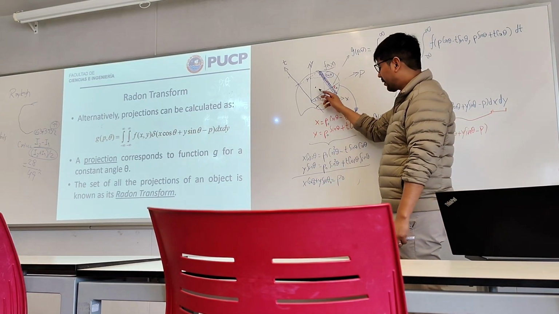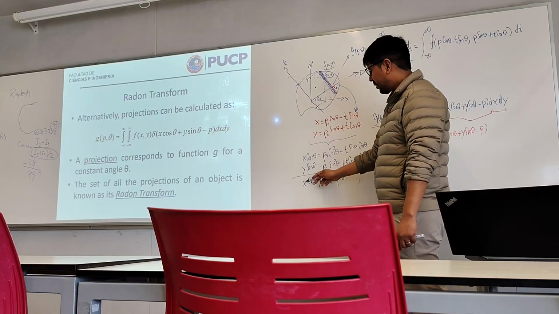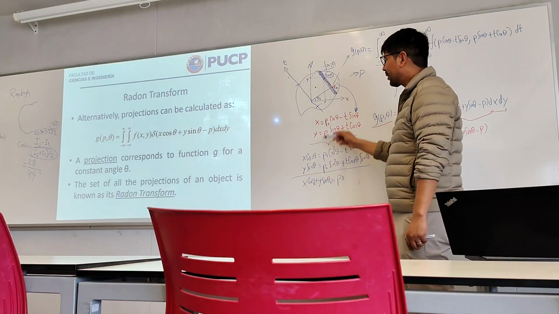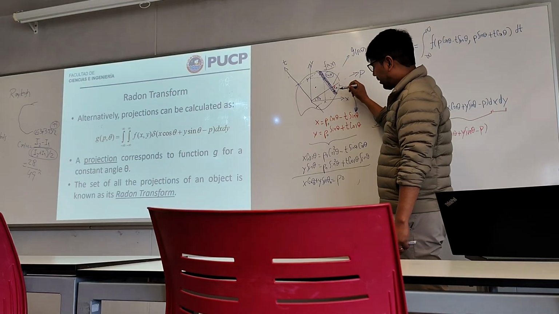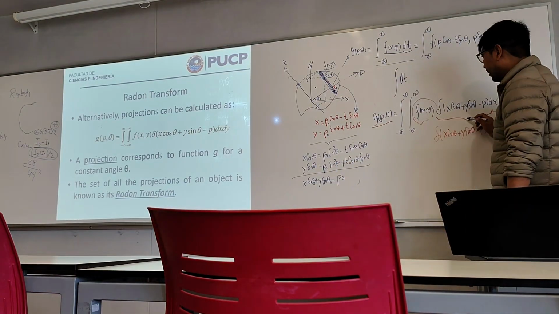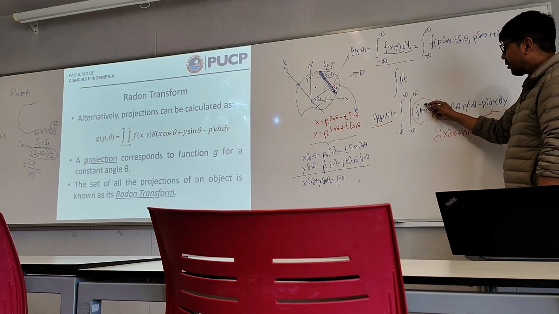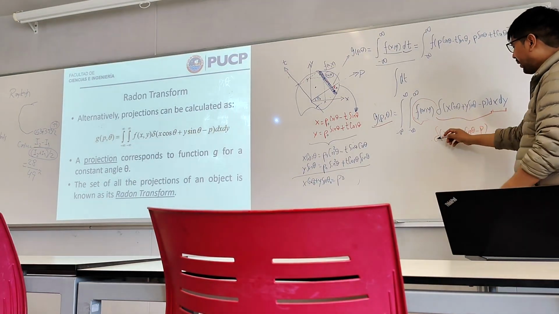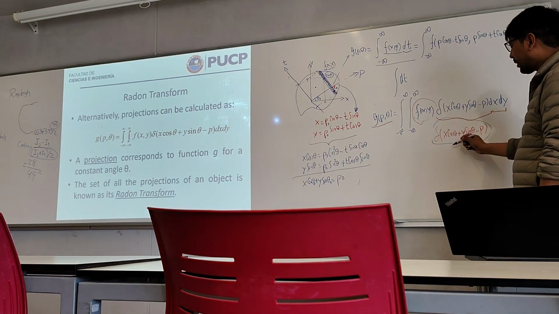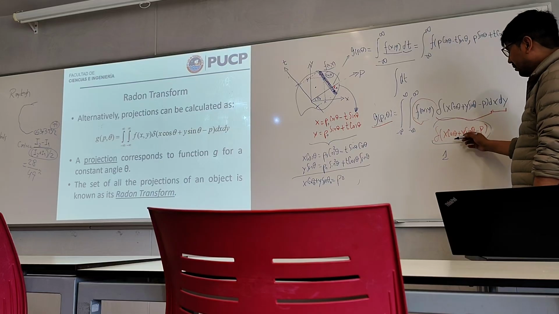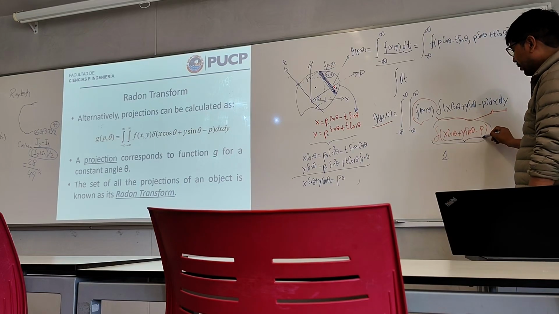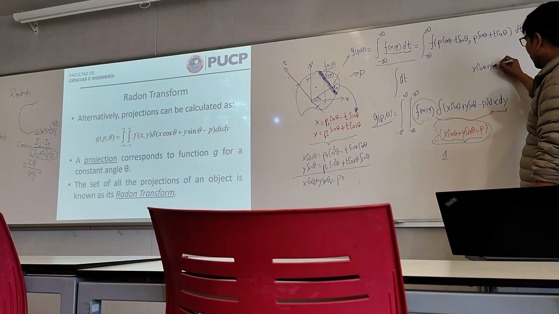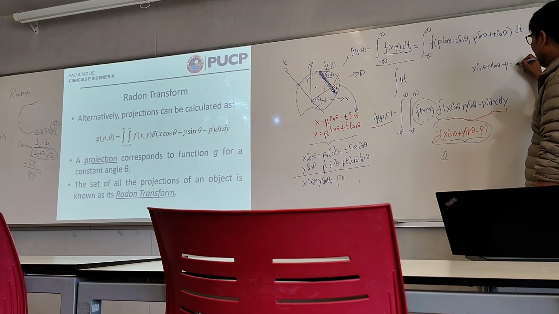For example, for this pixel here, whatever the value of x, y, this is not true. But for some pixels here, it's true. So basically, this sums all the values of x, y, multiplied by this delta function. The delta function is 1 when x cosine theta plus y sine theta minus p is equal to 0.